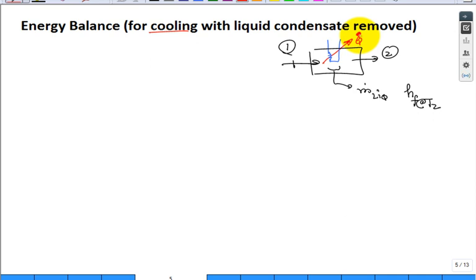Now we'll do our energy balance. So this is an air conditioning summer application. Okay. So we're going to have, depends how you want to do this. Let's go slow. M dot dry air times the enthalpy of the dry air coming in plus omega 1 times the M dot dry air times the H of G1.